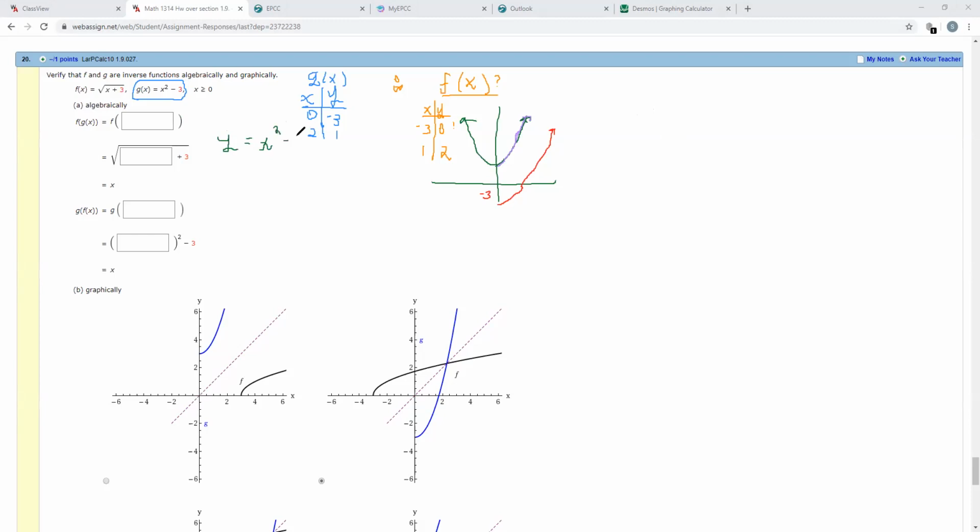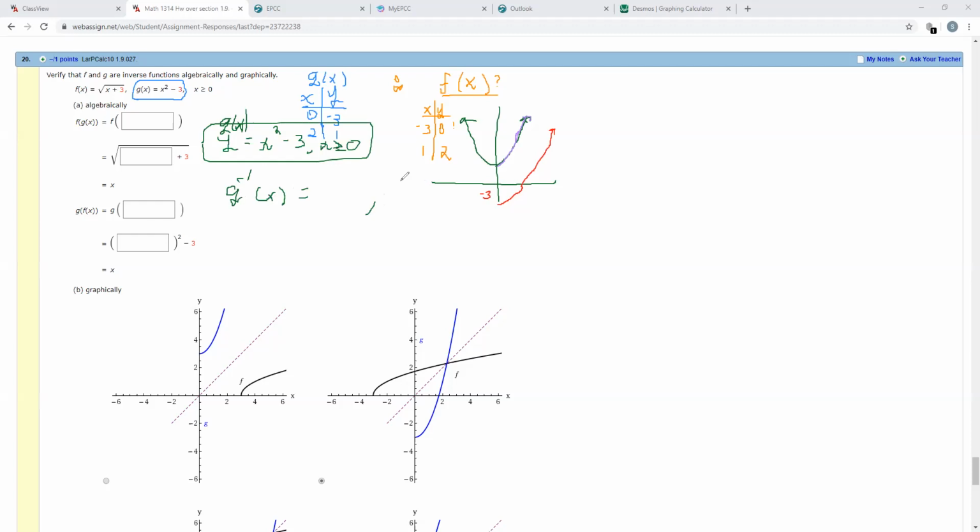And remember, the domain is x has to be greater or equal to 0, then when we find the inverse function, let's say we had to find the inverse, and this is g of x, then g inverse, written as g to the -1.